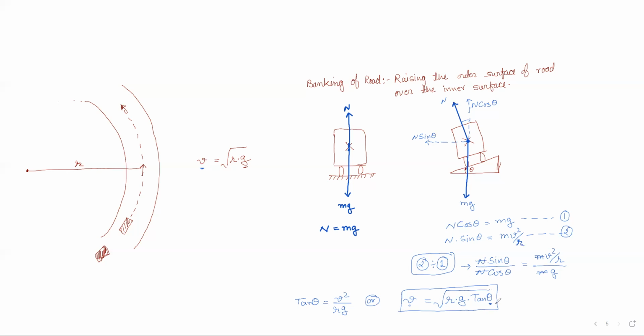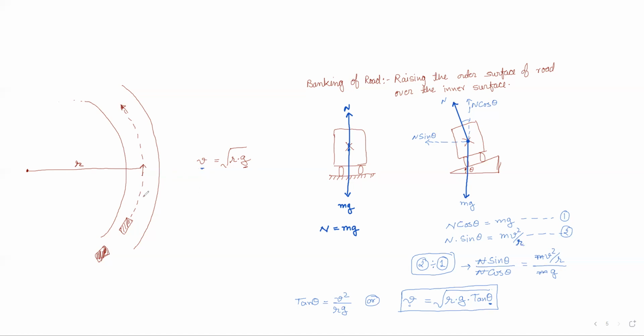Looking at the practicality, wherever we need to construct roads with a certain amount of curvature, if it is constructed like this, as a normal flat road, we get some maximum value of velocity with which the vehicle can go without any problem.